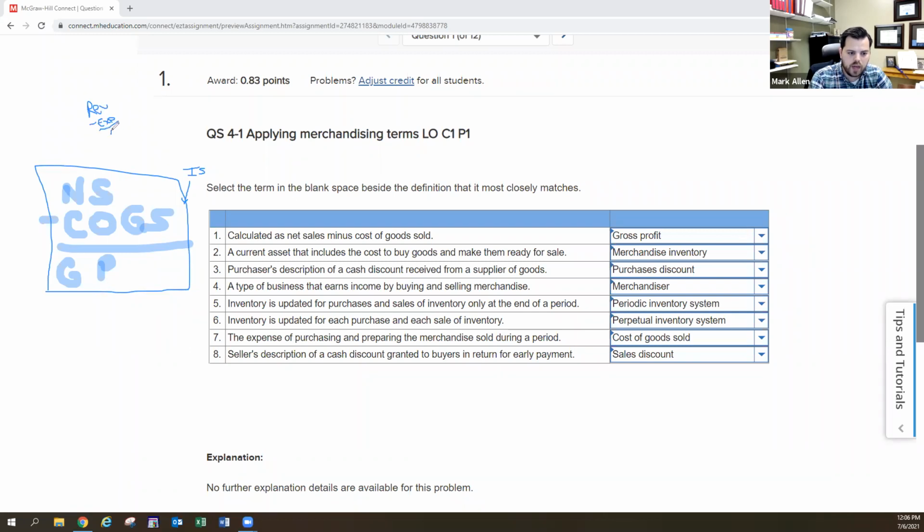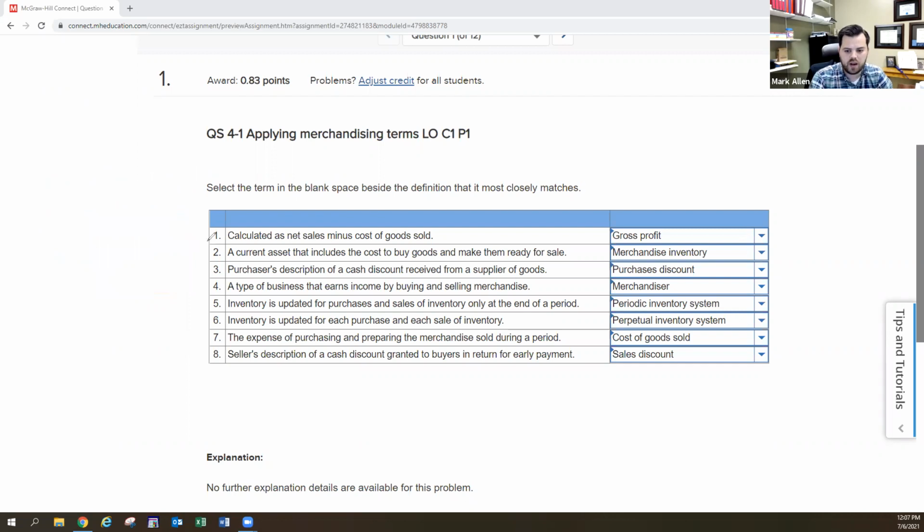And in this chapter, we actually get a more formally defined income statement. And this right here, net sales minus cost of goods sold being gross profit, will be at the very top of our income statement from this point forward. So very good. So I'm going to go ahead and clear all of that off, and that takes care of our first item. So that, of course, is the formula for gross profit.